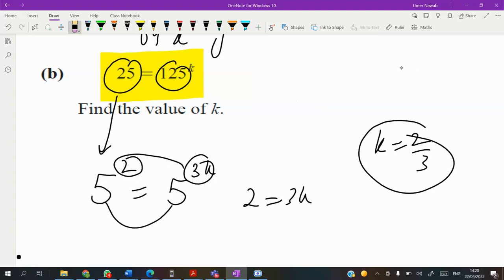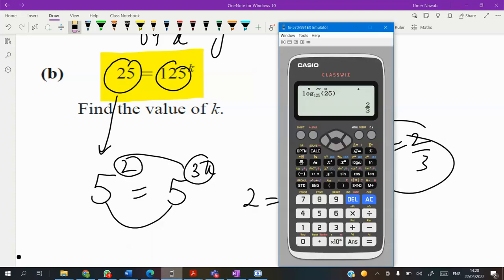There is another thing which students normally use. If they don't know in the exam how to solve it, they can use the equation solver. They can write 25 and then alpha calc equals sign 125 raised to the power. This is the variable which I want to find, our unknown k. So k I cannot write in the calculator, but I can write x. So press alpha bracket close. The calculator will write x. Don't press equal sign now.